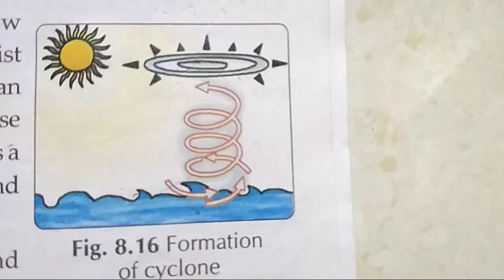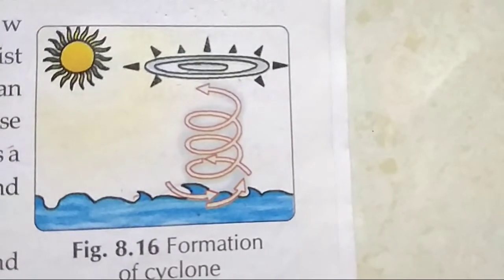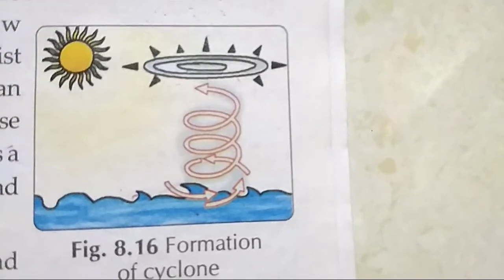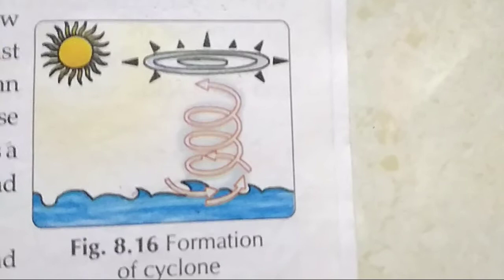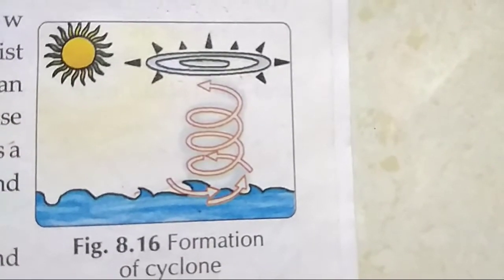Then it comes in contact with cool air and condenses and changes into water vapors, or we can say converts into clouds. So this is the formation of cloud.